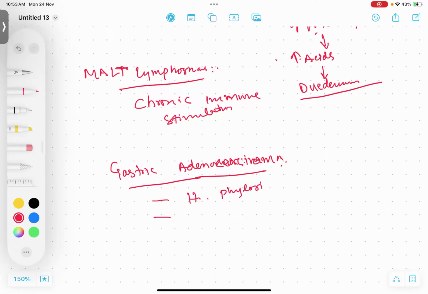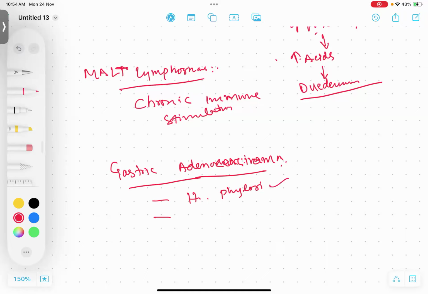What else? Pernicious anemia. Pernicious anemia is one of the clinical manifestations of gastritis, especially autoimmune gastritis.